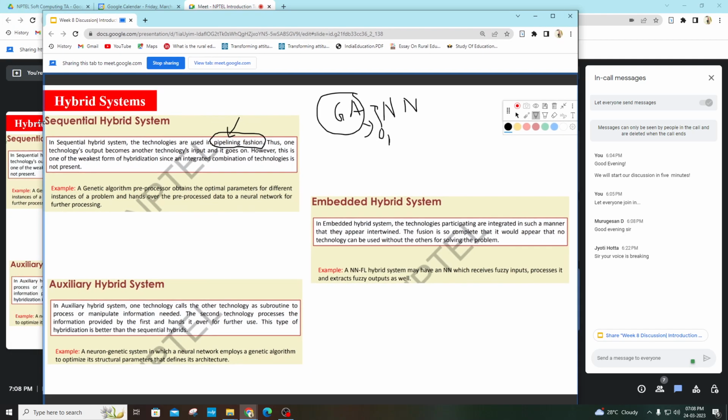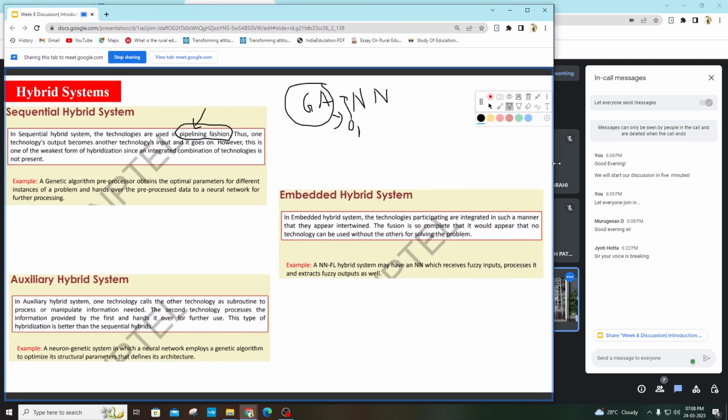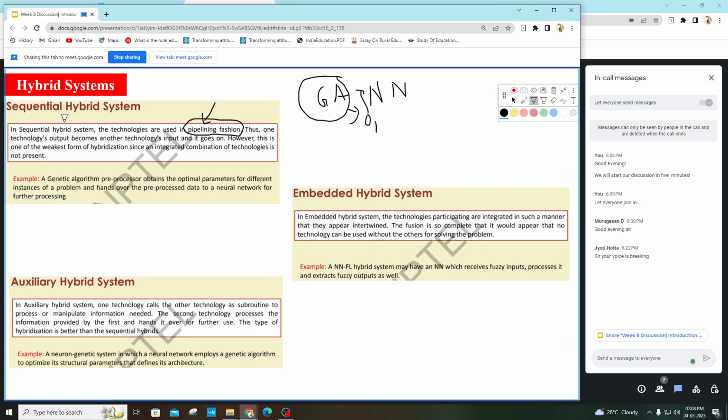This type of system is known as a sequential hybrid system. Again I am repeating, we are using the output of one technology as an input for the other technology.